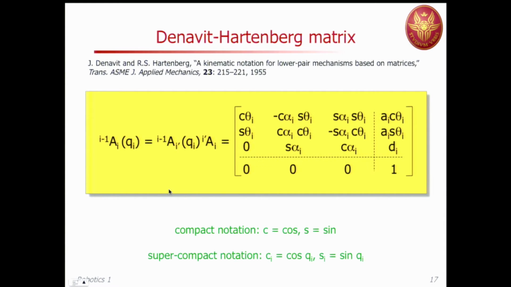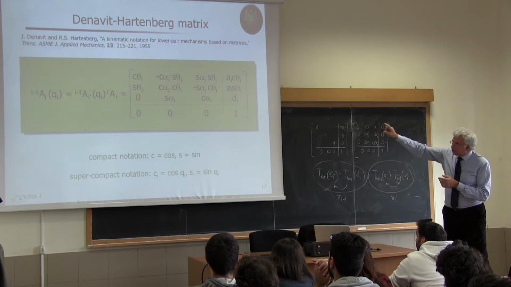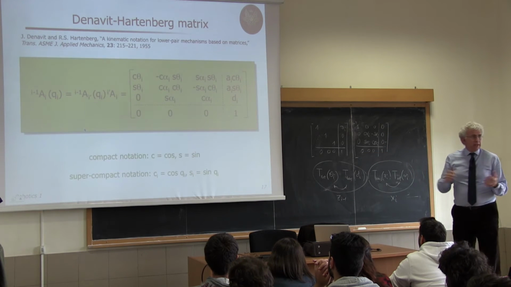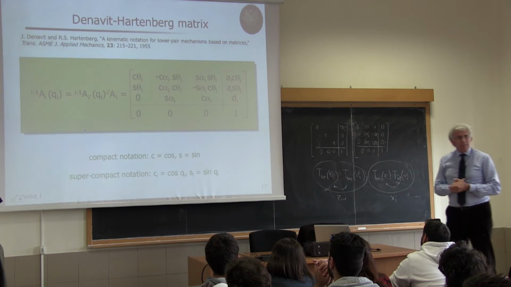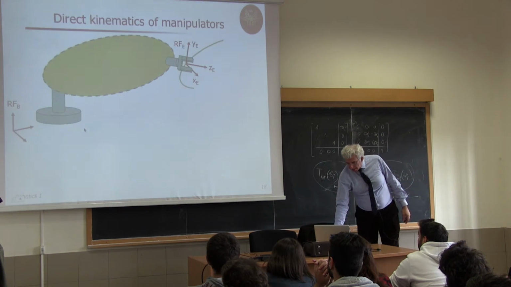I'm talking about all the same kind of angles, so q. If there's no possibility of confusion, you can be even more compact than c of theta i for cosine of theta i: just write c i, or s i. This makes long expressions more compact.